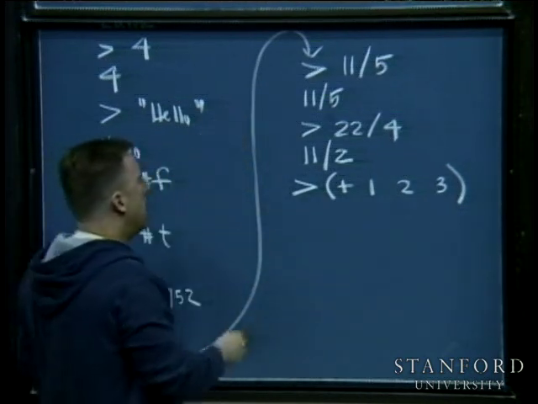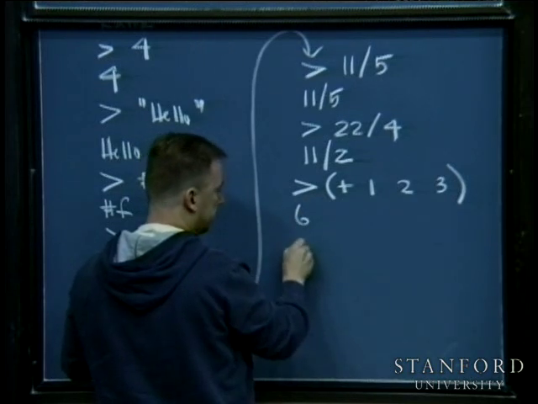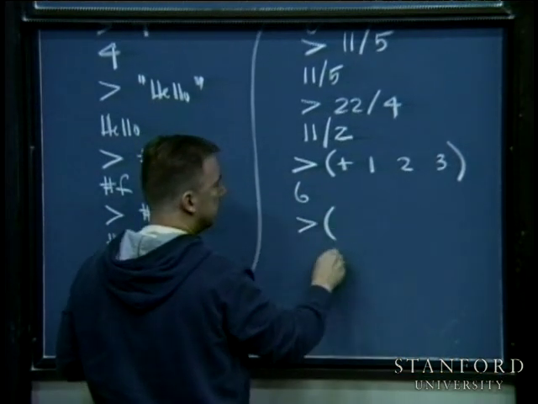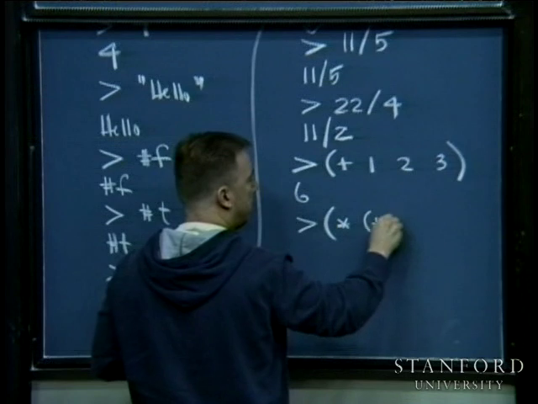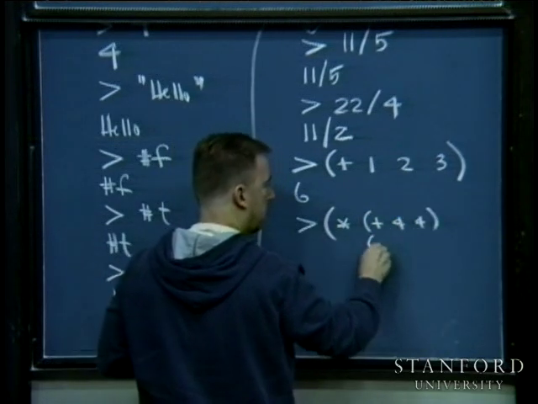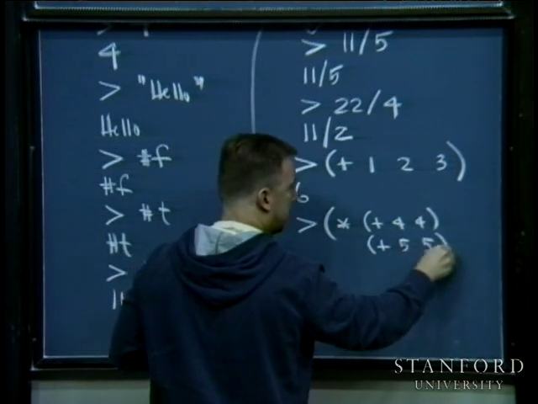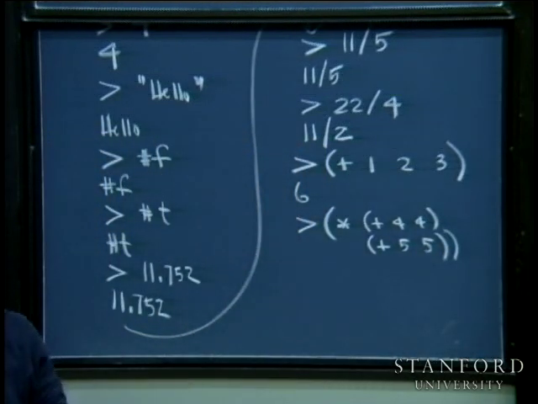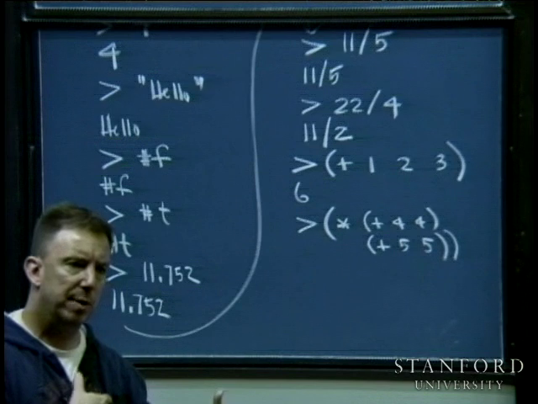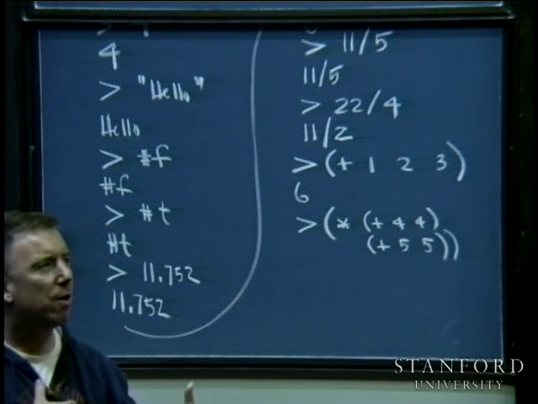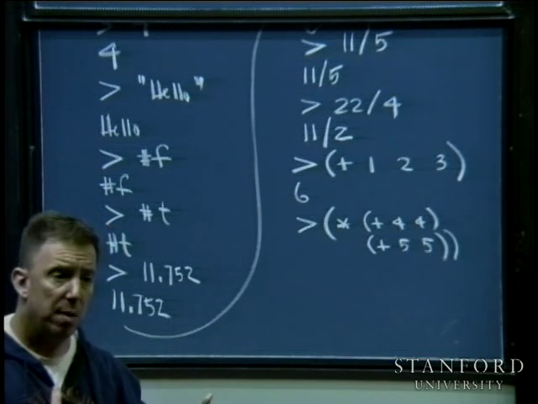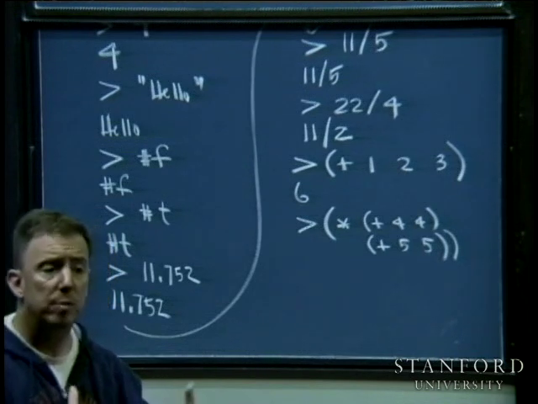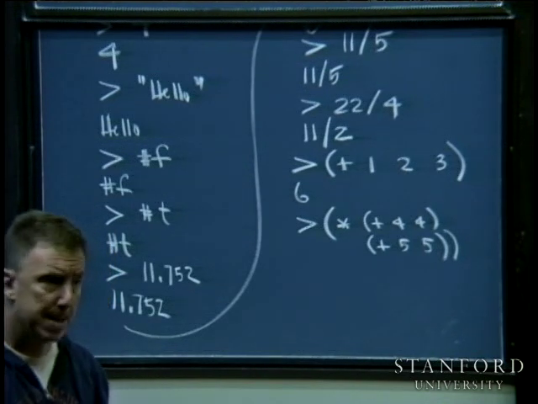Okay. Obviously this would print out a 6. If I do this, times plus 4, 4, plus 5, 5, and I do that right there, I'm dealing with nested lists where what were previously housed by simple arguments before, those positions are now occupied by things that are themselves lists that should be recursively evaluated, okay?